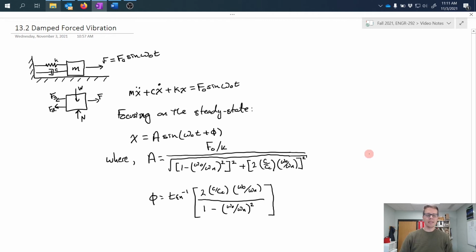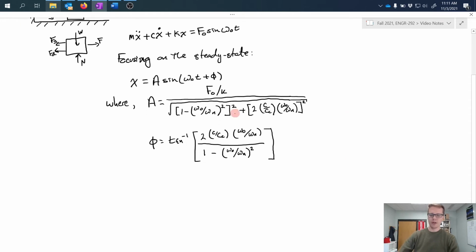So you can see that these two equations are rather lengthy. It's never a good sign when you're drawing a division line that goes that long. And there's a couple of substitutions made in here that simplify the equations a little bit.